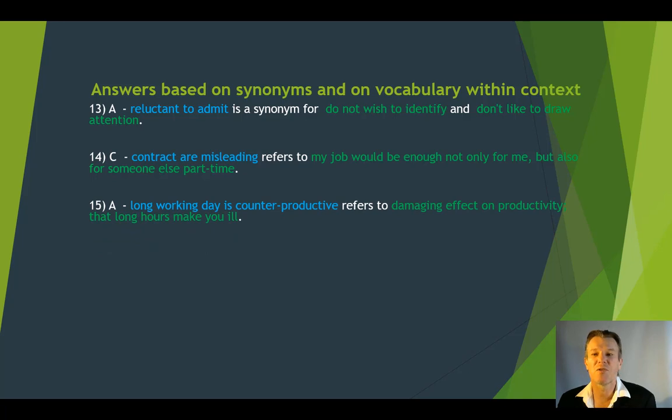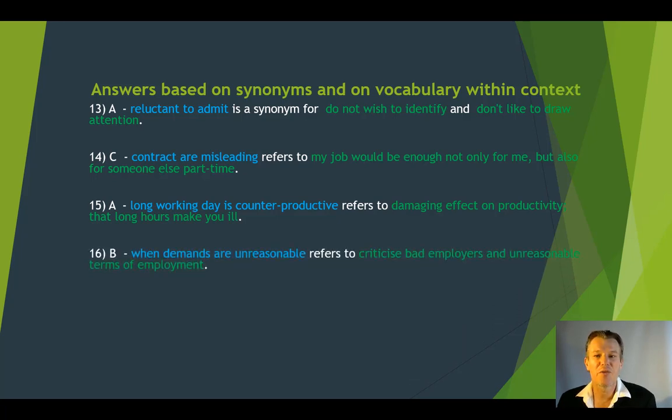Question 15, the answer was A, and the words in the STEM question were long working day is counterproductive, and this refers to, in the reading text, damaging effect on productivity, that long hours make you ill.